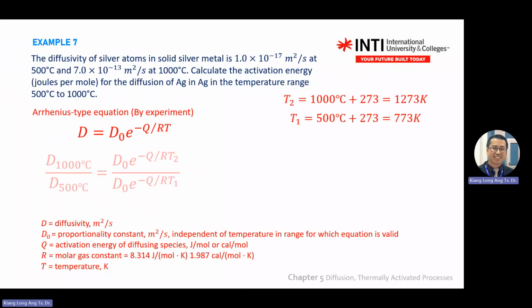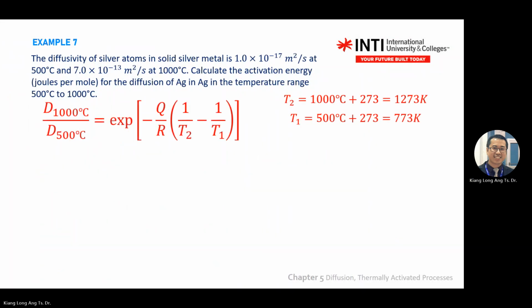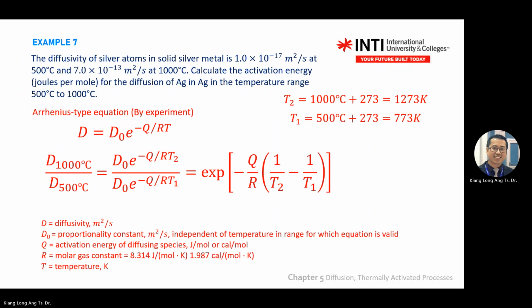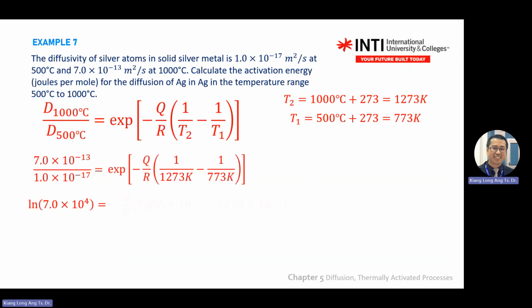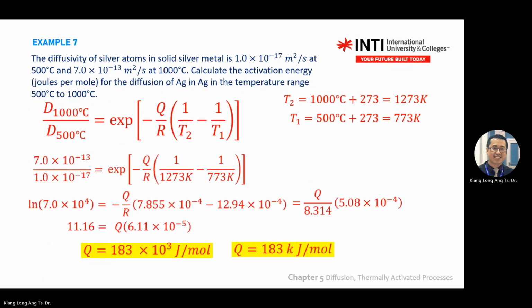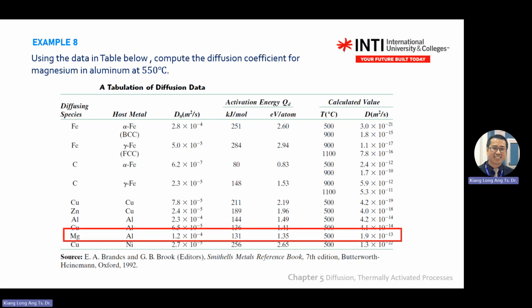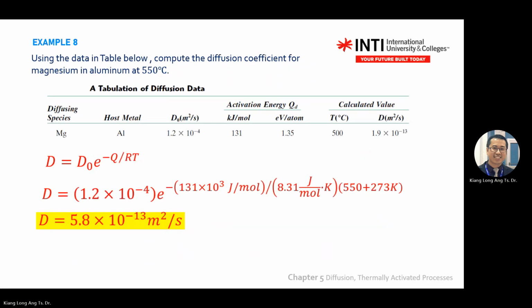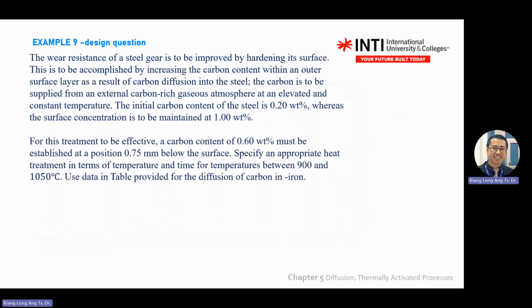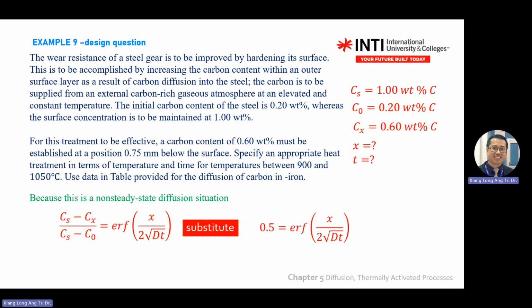Example 7, go and read. Example 8, also read. 9 is a design question. This one will be your final exam standard. Go and read. So all the steps are there.